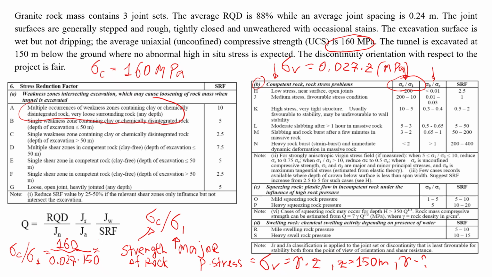That will give us 39.5. So now we come here, look at this column and see where we have 39.5. It should be within this range, which means that the value of the stress reduction factor will be 1. So I'm going to write the stress reduction factor is equal to 1.